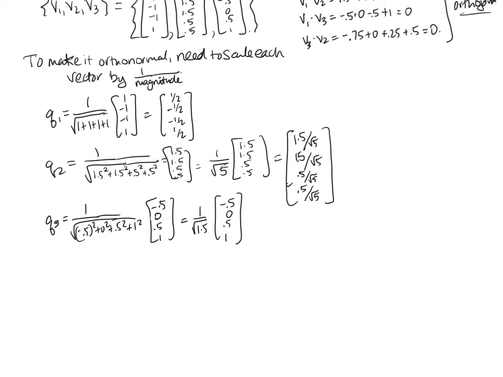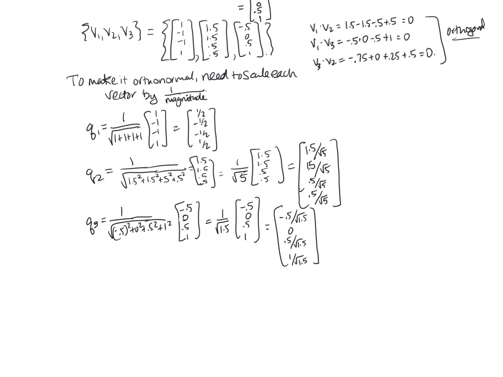And so that gives us negative 0.5 over square root of 1.5, 0 over square root of 1.5, which is just 0, and then 0.5 over square root of 1.5, and then 1 over square root of 1.5. Okay, and that is the example that we have there. And so that's pretty much all that you need to get through the homework.